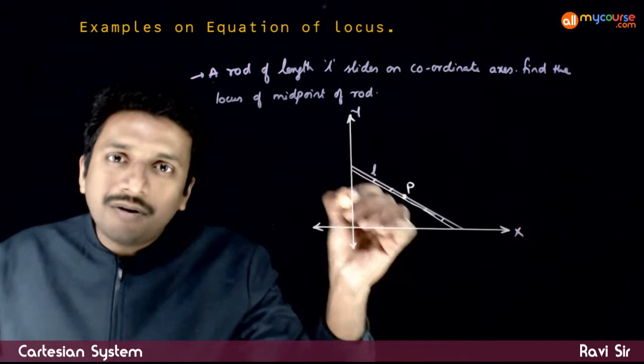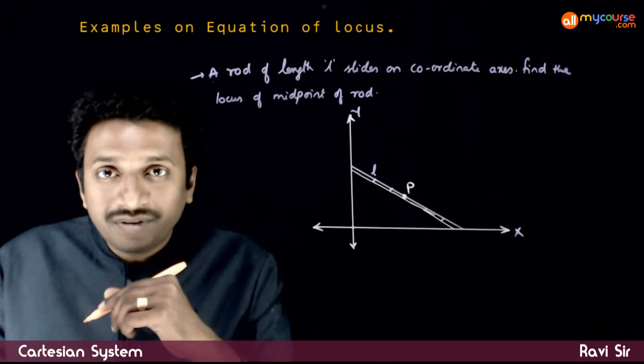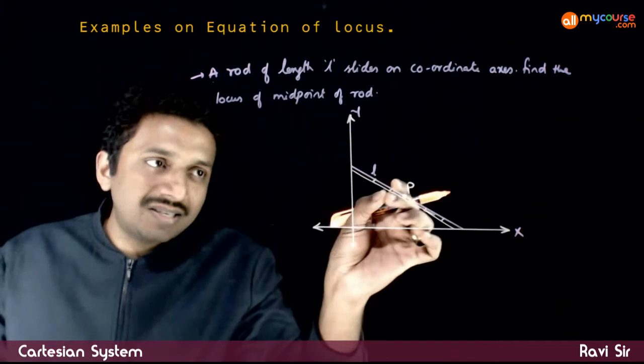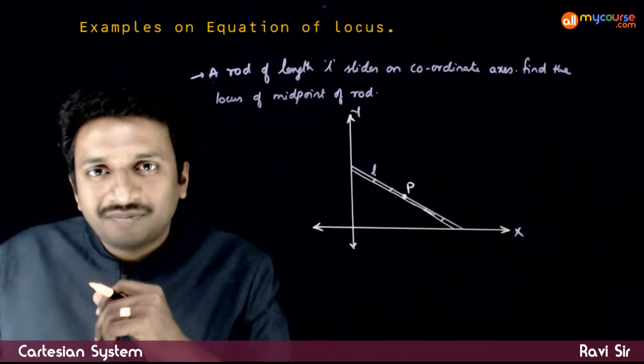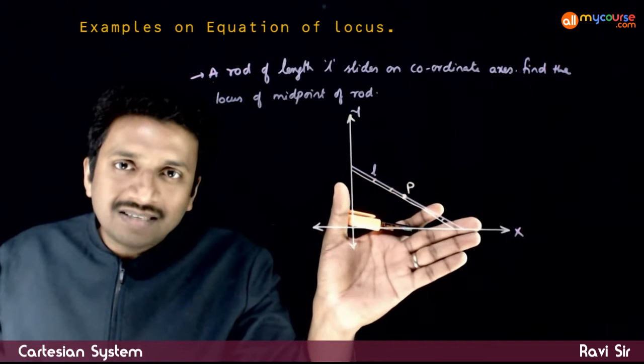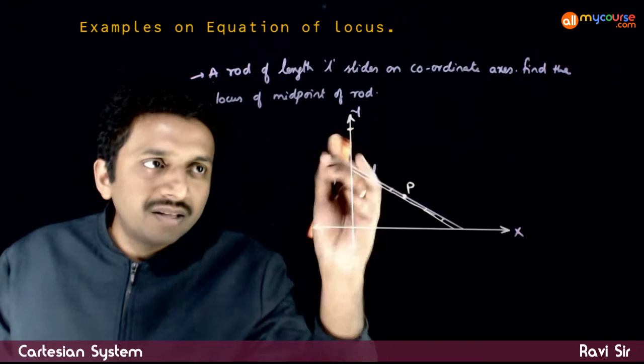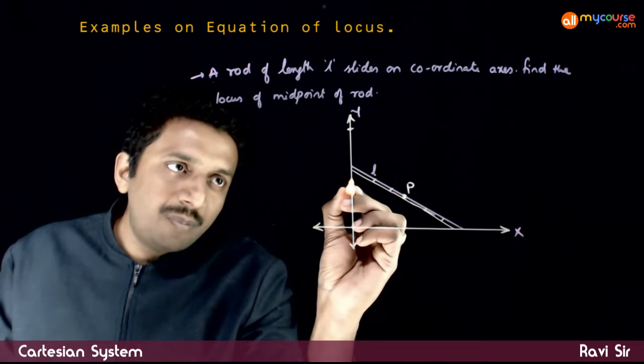Obviously you won't fall down directly vertically downwards, right? Because you're not jumping from the ladder, you're just standing at the midpoint of the ladder. So as the ladder slides, you take certain path. That is, if the rod is vertical, the midpoint is somewhere here.